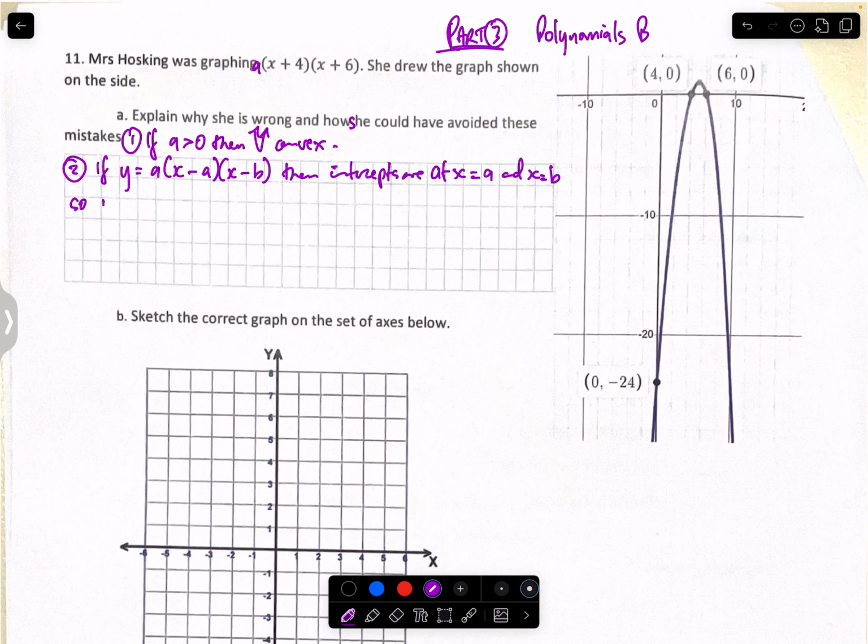So the intercepts here should be (-4, 0) and (-6, 0), because they're positive.